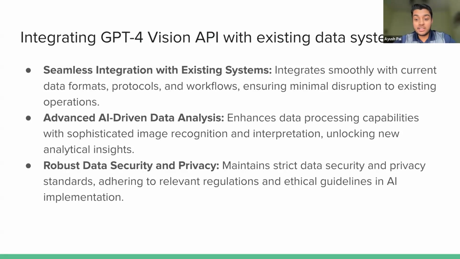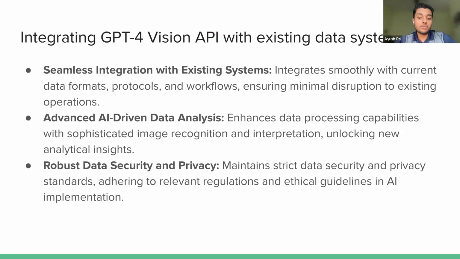And it can discern patterns and details within visual data, offering a richer understanding that we can drive innovative solutions and strategic decisions from. Security and privacy are paramount in today's digital landscape, and GPT-4 Vision does not compromise on these areas. It adheres to robust data security and privacy standards and aligns with the latest regulations in terms of ethical guidelines and AI implementation.